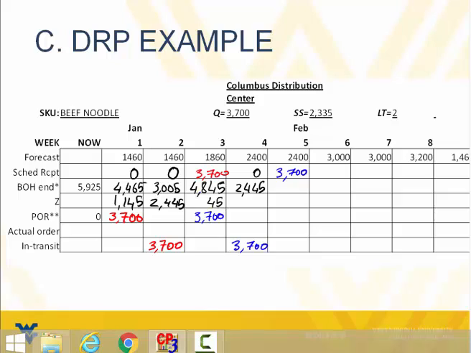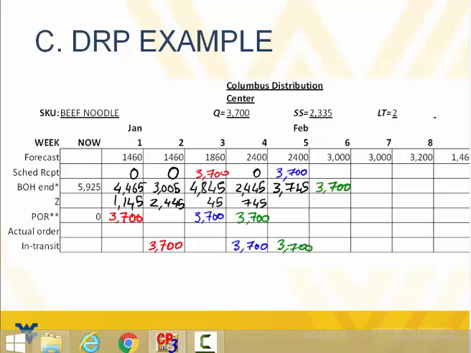So this then works out to be 2,445, and then you get 745 here. So 745 is less than safety stock, so I release an order. It's in transit here. I receive it in this period 6. And so my balance on hand for period 5 will be 3,745.